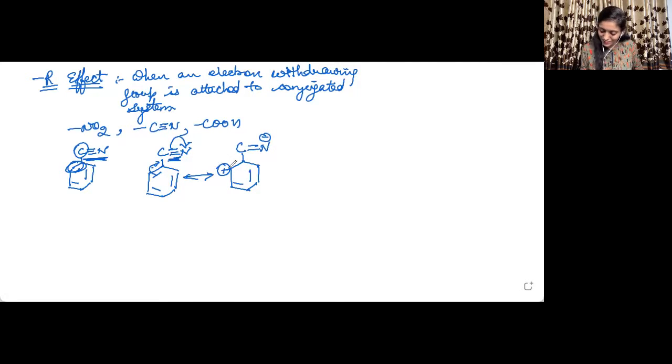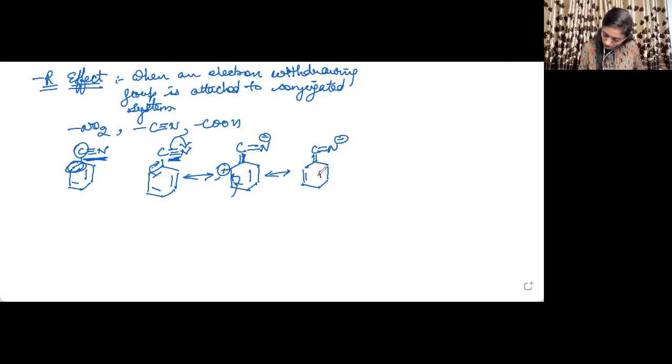Okay, so next, see this positive charge and this double bond, they are in conjugation. So this bond can shift here. So here it is a double bond. Sorry, I have drawn a single bond here. It is a double bond.